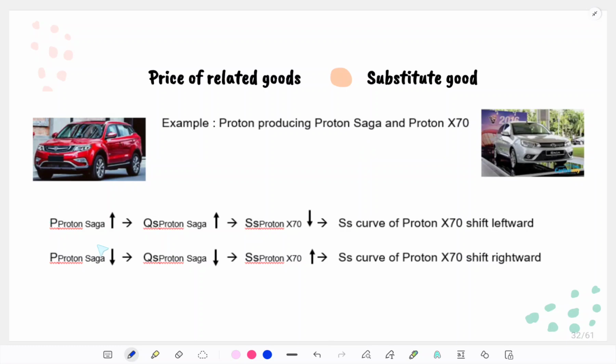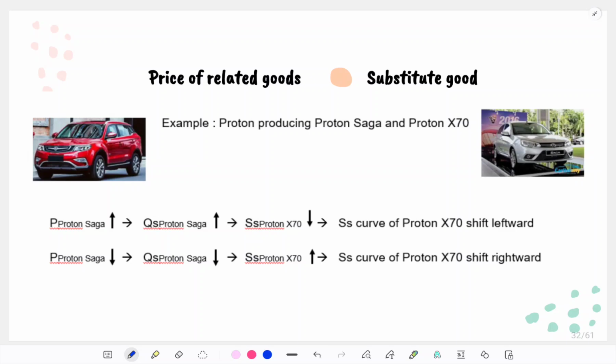If the price of Proton Saga in the market increases, Proton will choose to produce more Proton Saga and reduce the production of Proton X70, regardless of changes in the price of X70.